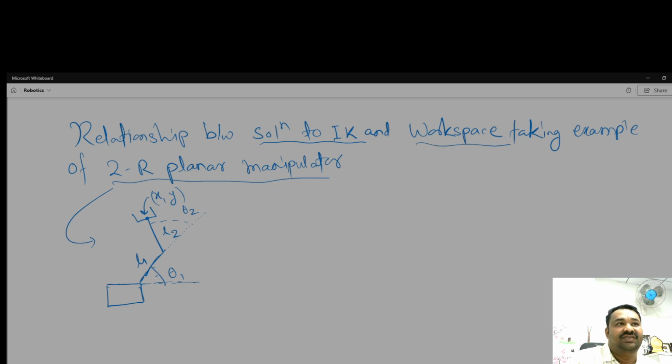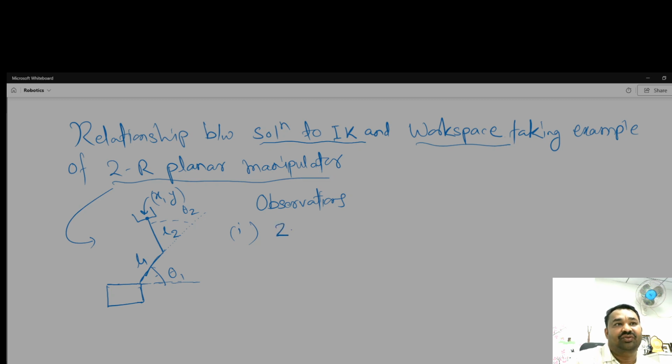So from the observations, the first one: as we know, the inverse kinematics may give two solutions.